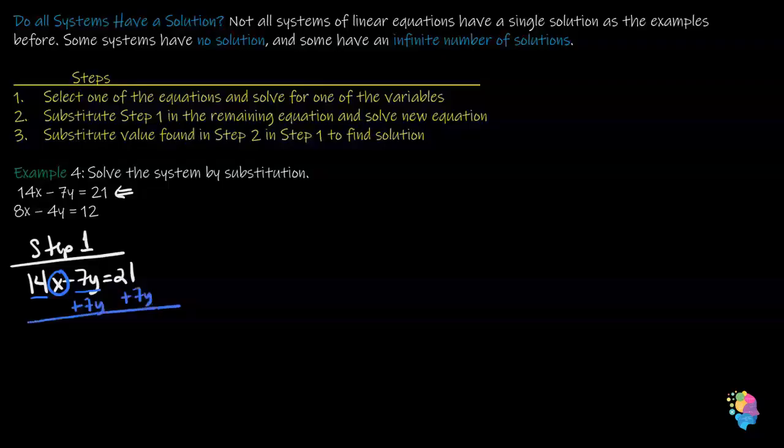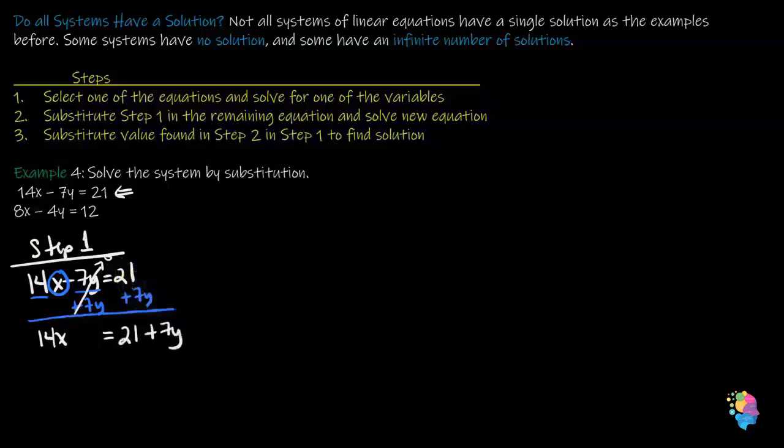Okay? So this will leave me from left to right with a 14x. Now minus 7y plus 7y, different signs we subtract. So this goes to 0 because 7 minus 7 is 0. And on the right side, I have the 21 with a 7y. Remember, these are not like terms. We cannot combine them. We have to write them as separate terms. I'm going to write the 21 and then the y second.